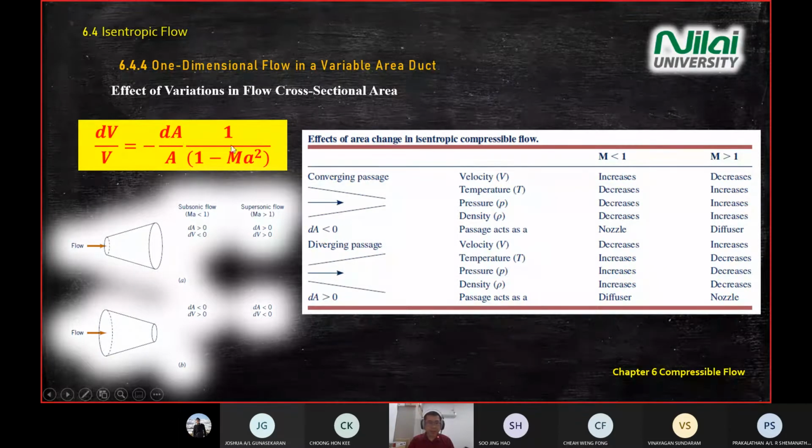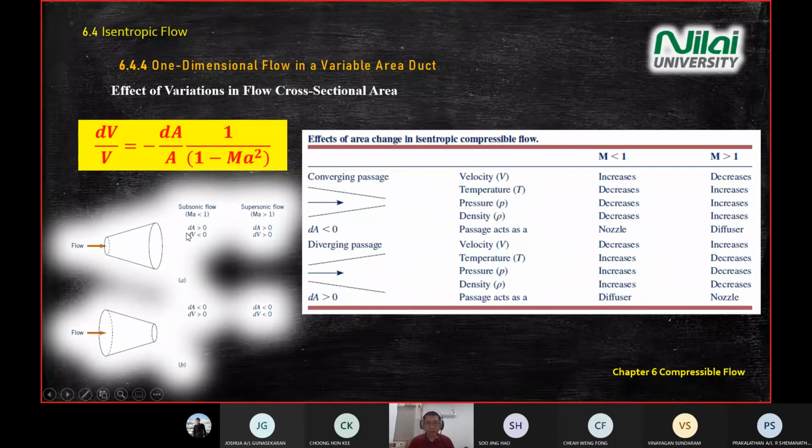Okay, and this table is referring to this equation: dV over V equals negative dA over A times 1 over (1 minus M squared). So this table is built based on this equation.